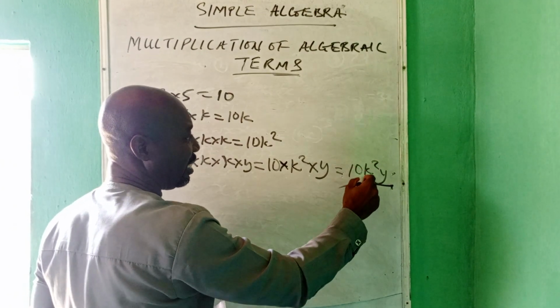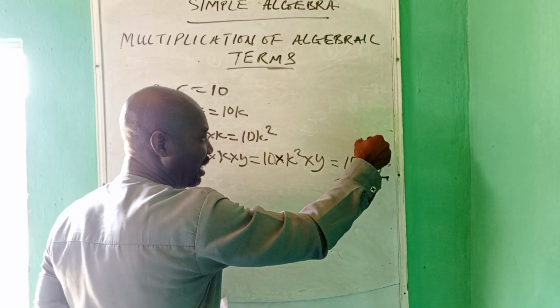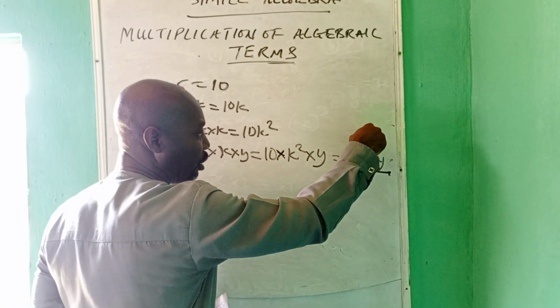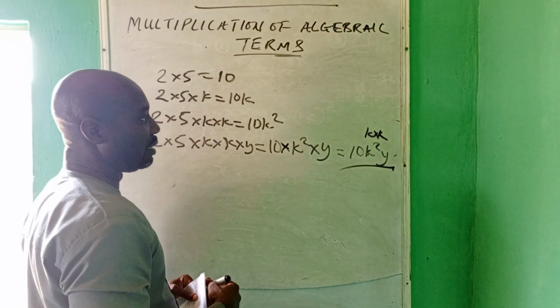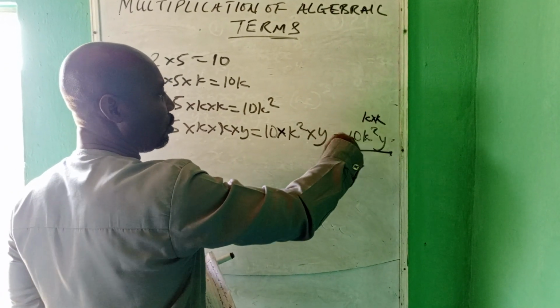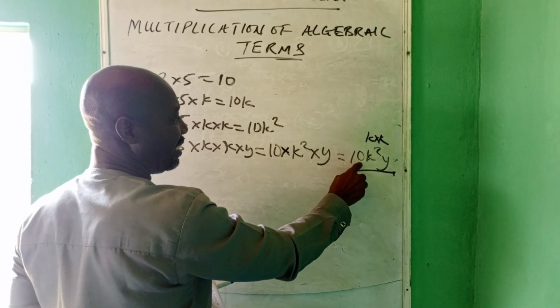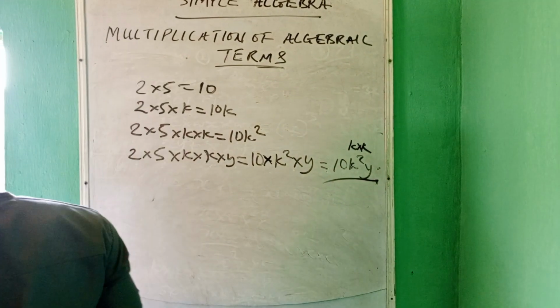Invisible multiplication sign here. And even this k squared here means k times k. That means there is multiplication in this index. So you now understand when you see 10k squared y, the makeup of this 10k squared y. It means 10 times k times k times y.